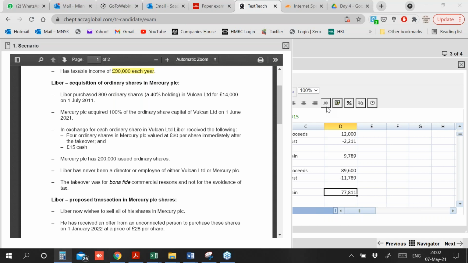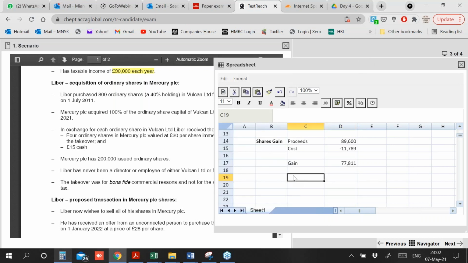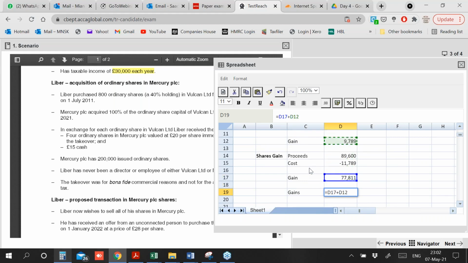Now, I'll be needing answers from you: what will be the benefit if she delays the sale, and what if she sells this year? First of all, let's calculate what her CGT will be if she sells the shares this year. Total CGT will be based on gains, and gains include the shares gain and the cash gain.